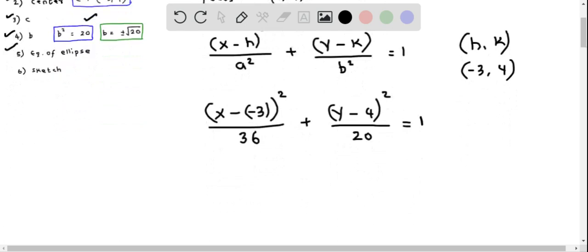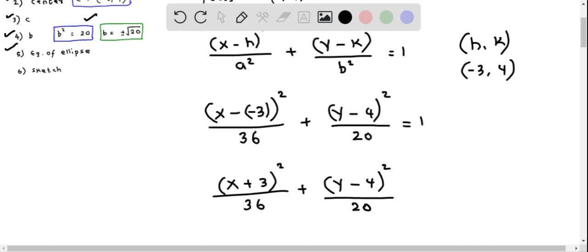Let's simplify this, and so this becomes a negative of negative 3 is positive 3, that is (x plus 3) quantity squared divided by 36 plus (y minus 4) quantity squared divided by 20, and this equals 1. So this is the equation of the ellipse in standard form.